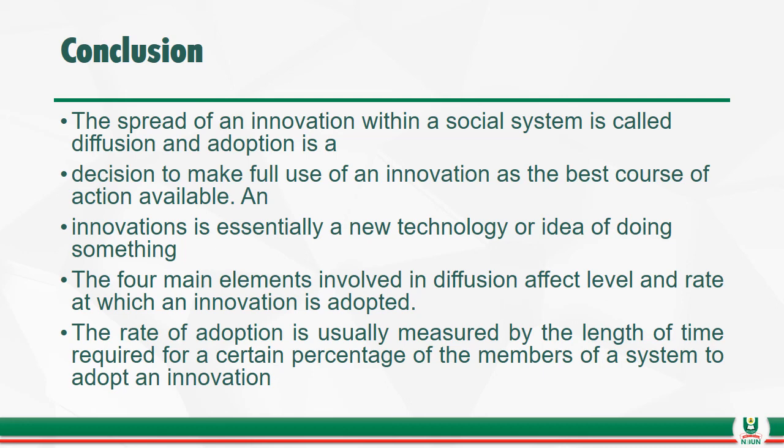There are 4 elements involved in the diffusion process, and these affect the level and rate at which an innovation is adopted. The rate of adoption is usually measured by the length of time required for a certain percentage of the members of a social system to adopt an innovation.